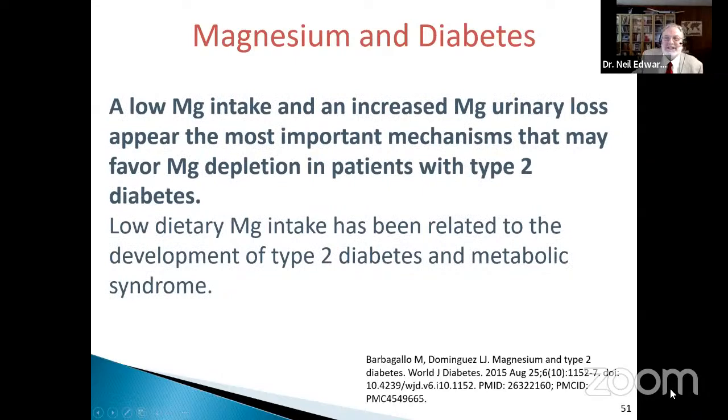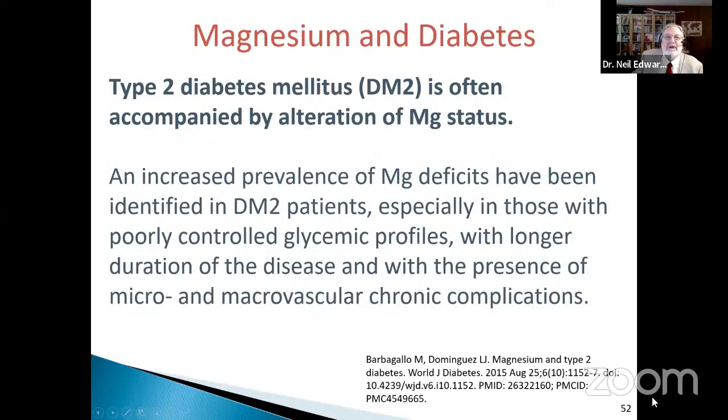And insulin resistance actually goes up in patients who are magnesium deficient. Low magnesium intake and increased urinary loss are the main factors here. Low intake has been related to development of type 2 diabetes as well as metabolic syndrome. And type 2 diabetes is often associated with magnesium status problems.